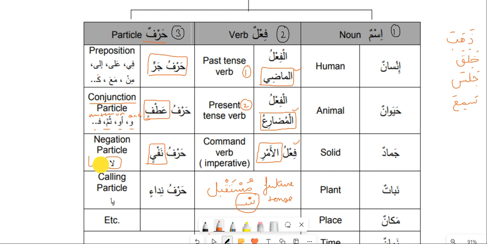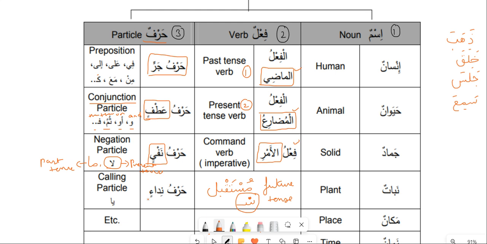Ma and la mean no, but la comes with present tense and ma comes with past tense. Remember that. Now I'm giving you small details about grammar so that you can make your foundation strong before you step into grammar level 1.